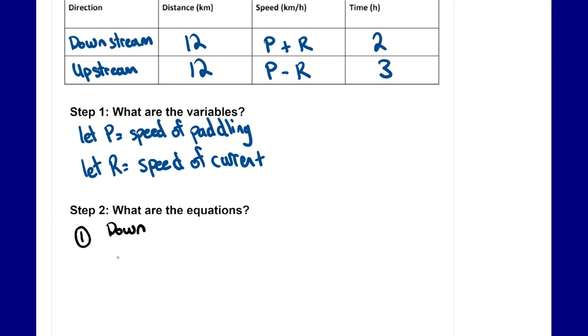So I'm going to have speed, which is P plus R, is equal to, or actually let me write out the formula. We're using the formula speed, or velocity, is equal to distance over time.